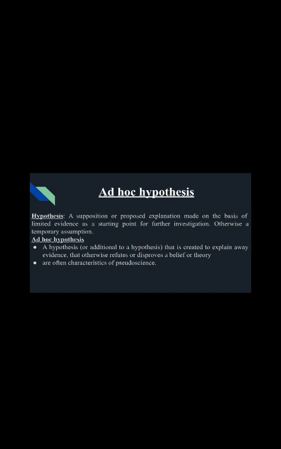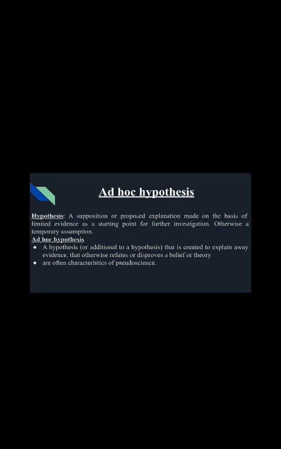If any type of evidence is found which negates the hypothesis statement, we can add a small additional statement so that we could escape from the negatives. Okay, the evidence found in some cases can negate the hypothesis statement we put forward.